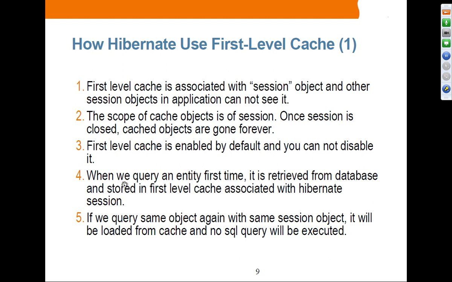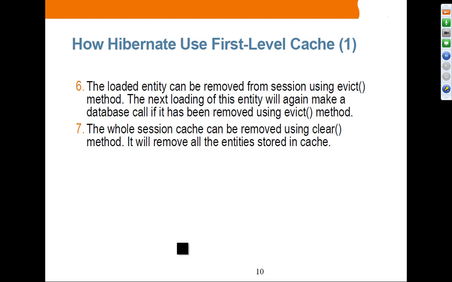When we query an entity for the first time, it is retrieved from the database and is stored in the first level cache associated with that session. And if you query the same object again with the same session object, it will be loaded from that first level cache, and there is no SQL query to be executed. So pretty straightforward.